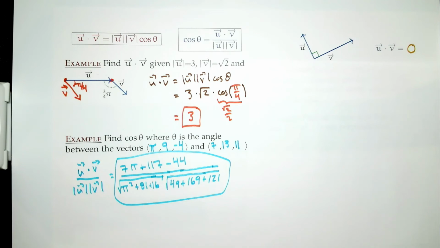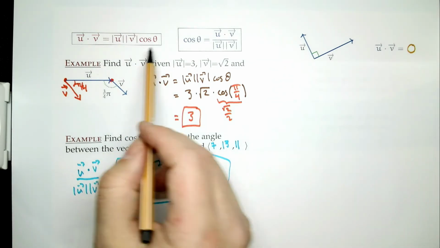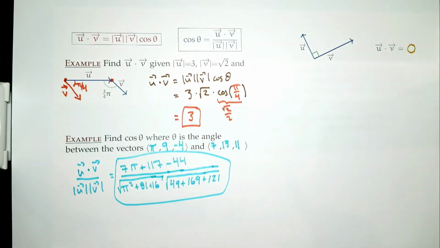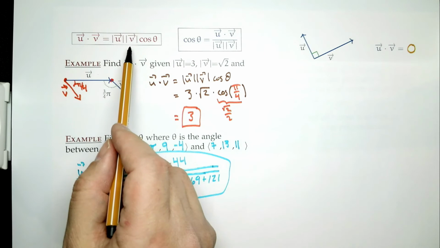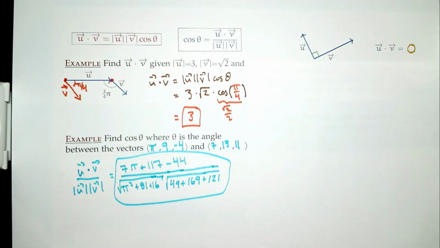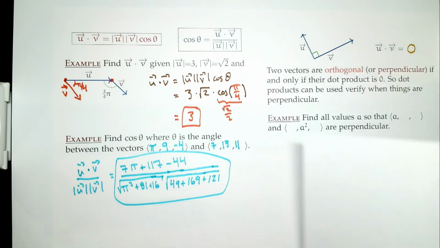Yeah, because remember, there's a cosine theta. If it's a right angle, cosine of a right angle is 0. So regardless of the size of u or the size of v, that 0 really makes it tough. It's got to be 0.